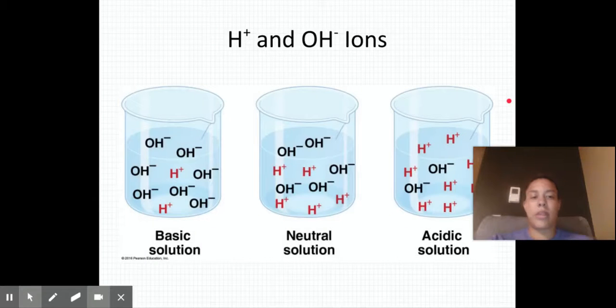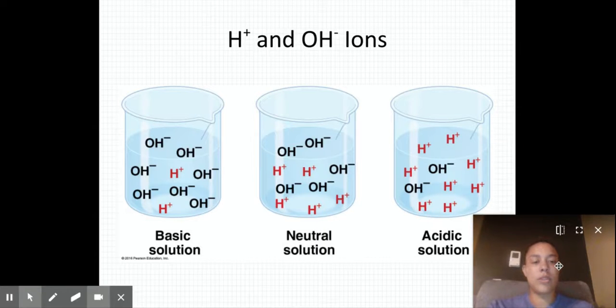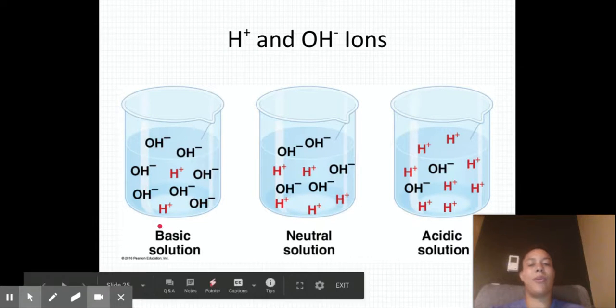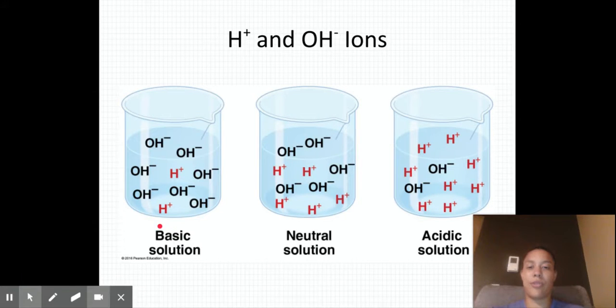But another visual for you. So we can see the increase and the decrease in hydrogen ions as we go along. So here's our neutral ones with equal amounts of hydrogen and hydroxide. So some people might reference basic solutions as having more hydroxide ions. We'll talk about what hydroxide is a little bit more in our next section as we talk about functional groups.